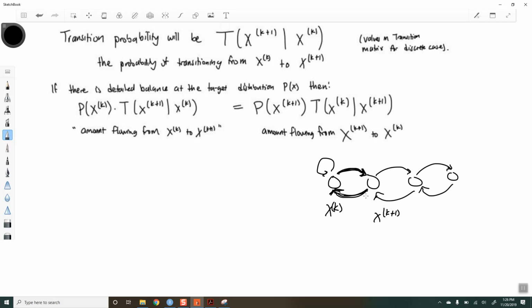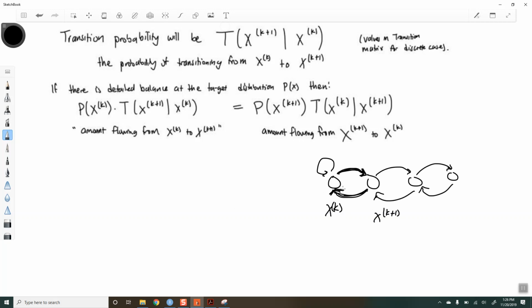Then these two states are at equilibrium, and we want this for any two states. So if the amount flowing from xk to xk plus 1 is equal to the amount flowing from xk plus 1 to xk, then we have detailed balance, right?